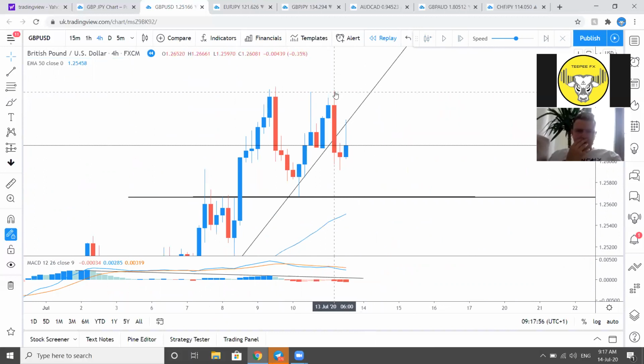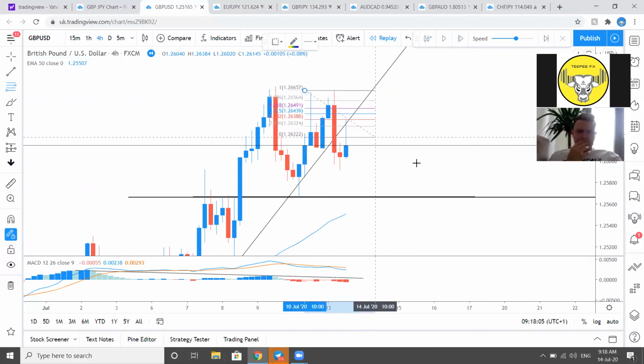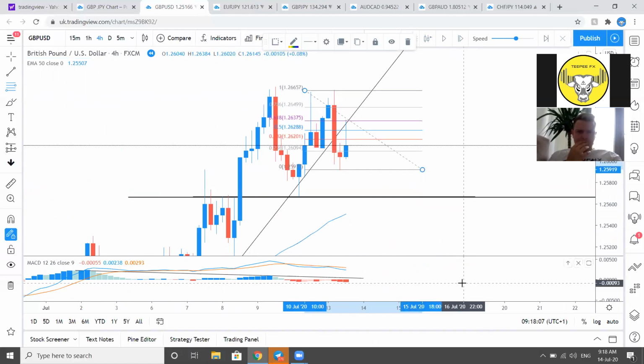So has this high to low respected a fib level? It's punched up to that 61, rejected our trend line, rejected the 61 level, and then continued to move down.